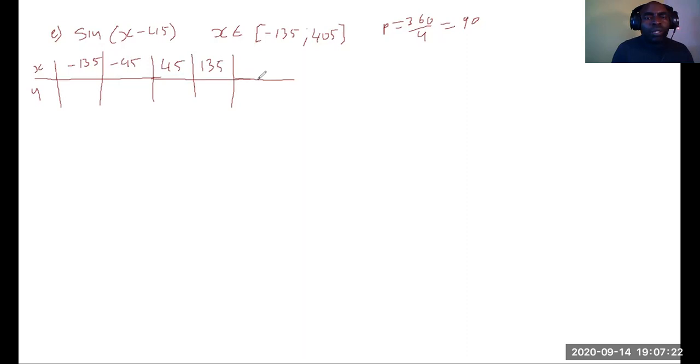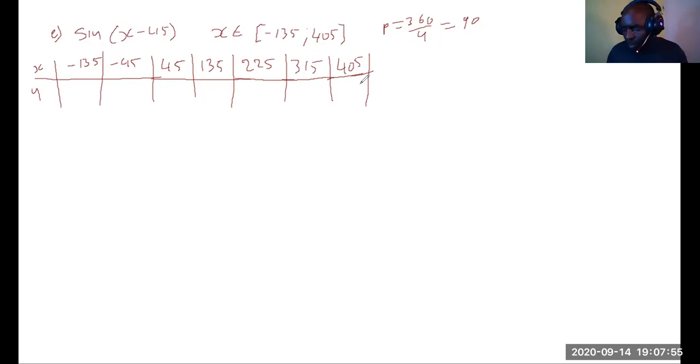If we add the 90, it would be 225. If we add the 90, it would be 225 plus 90, 315. If we add 90, we have got a 405. Excellent. Then we can go to our calculator to get our critical values.